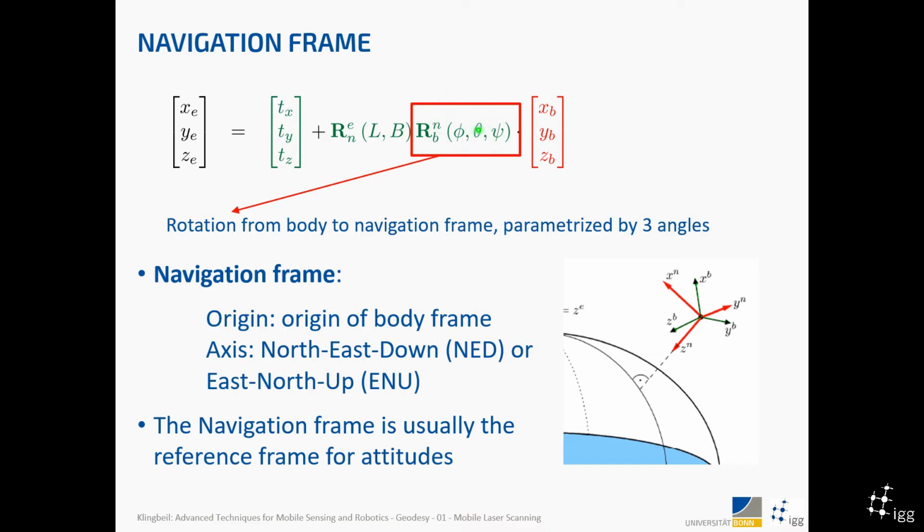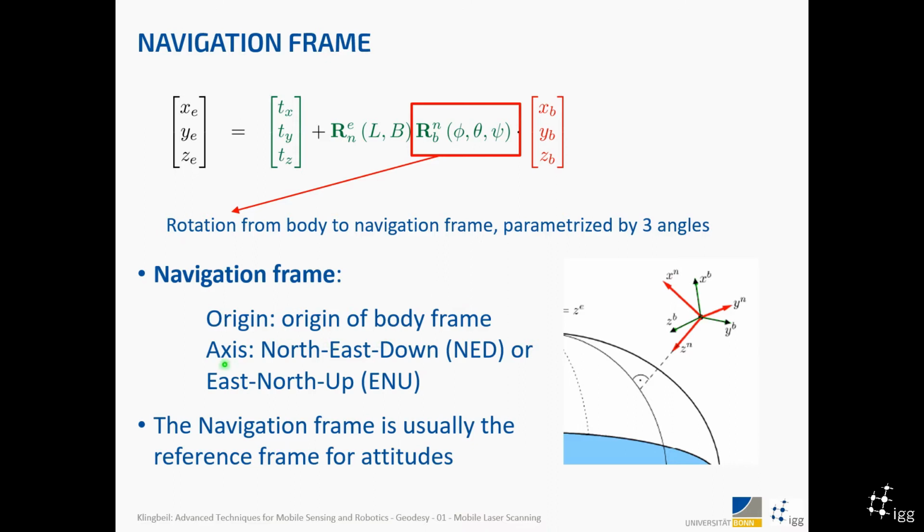So the first one we will talk about is the rotation between the body and the navigation frame, which is given by those three angles here. So what is the navigation frame? The navigation frame is a frame which has the origin exactly at the same point where the body has its origin. So there is no translation between the body frame and the navigation frame. So the navigation frame is attached to the vehicle from a position point of view, but the axes are different.